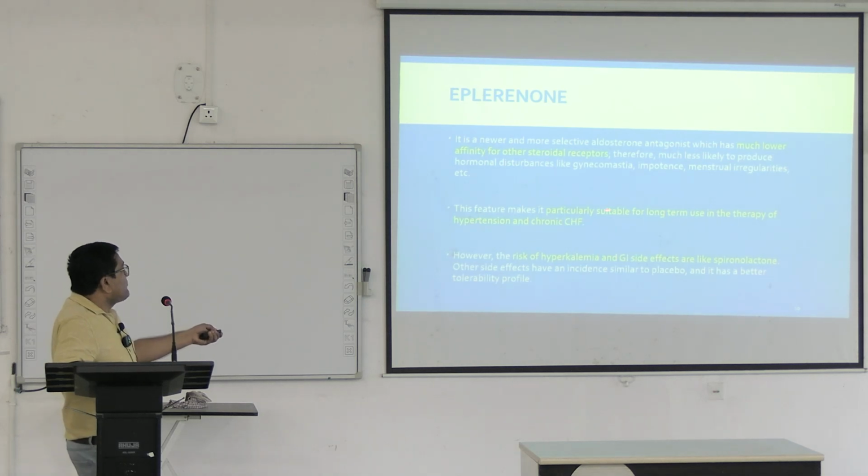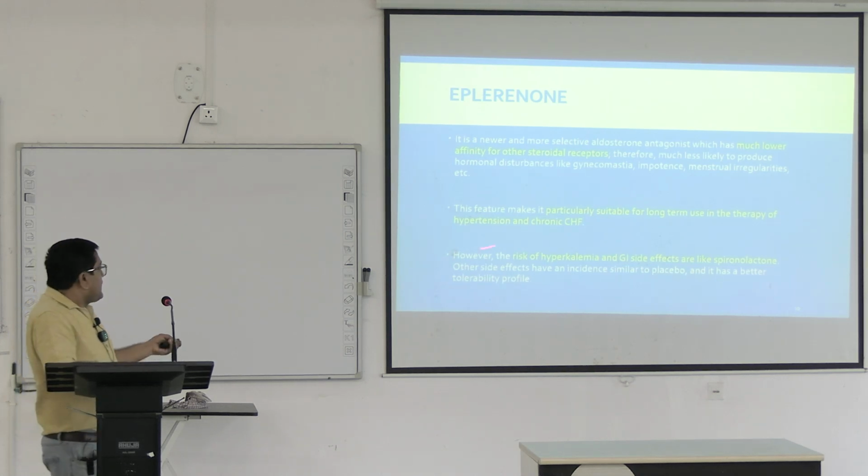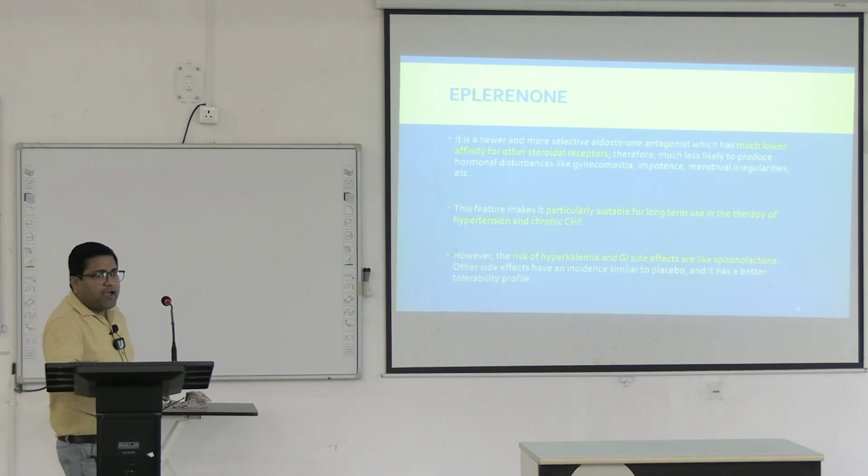These features make it particularly suitable for long-term use in the therapy of hypertension and heart failure. However, the risk of hyperkalemia and gastrointestinal side effects are similar to that of spironolactone.